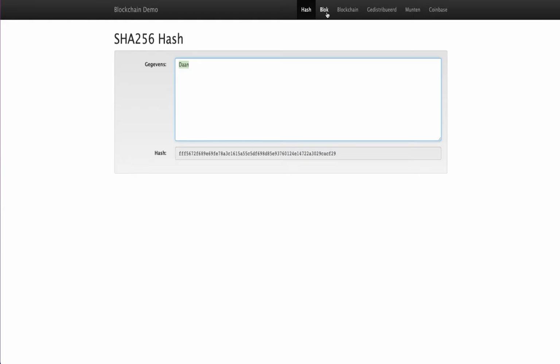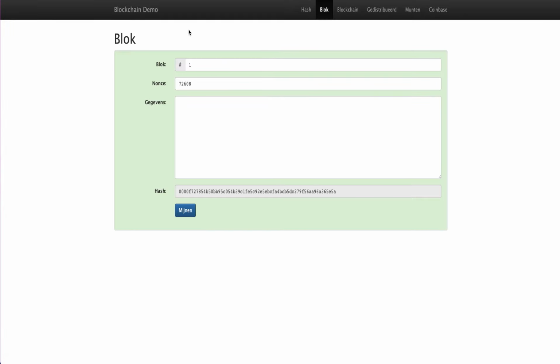Okay, then we go to the block. This is how a block looks, the basics. You see a block number, you see a nonce, you see data, and you see a hash again. But you see something odd at the hash. The hash starts with 4 zeros. That's a rule. The hash needs to start with 4 zeros to have a valid block.